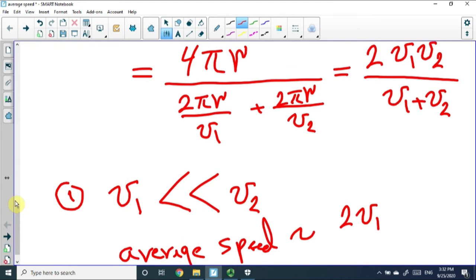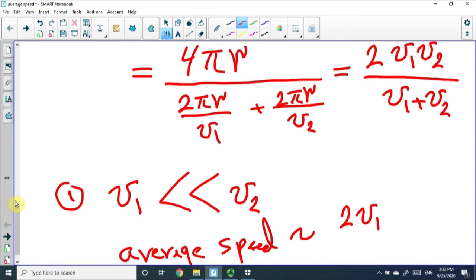So the answer is, if v1 is very, very small, then the average speed for both laps will be approximately twice v1. And the reason is because the car is traveling twice the distance of the first lap, that's twice the circumference.